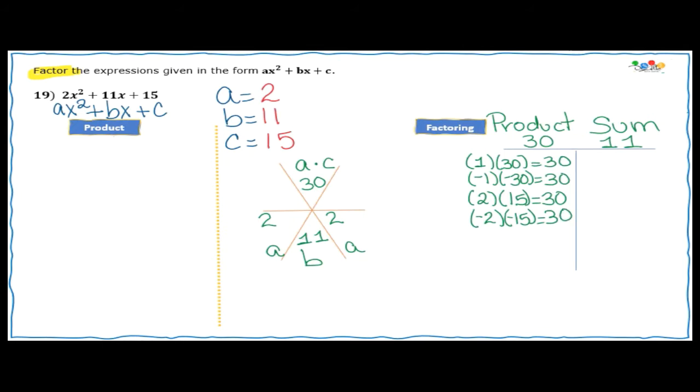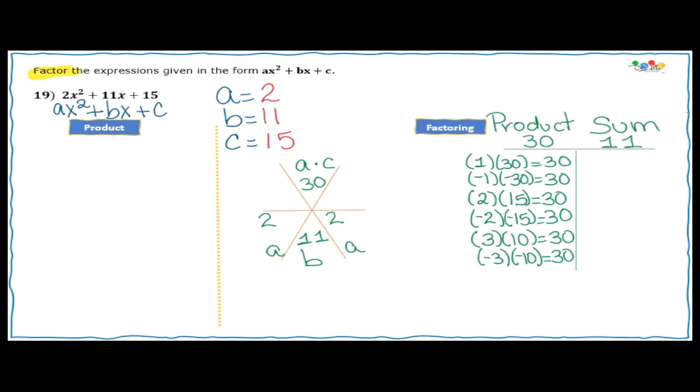And you can continue like that. I can go on to what? 3, right? Yes, 3 times 10 gives me 30. And also negative 3 times negative 10 gives me a positive 30. And I know what you're thinking. Man, why don't you just stop? Well, I would like for you to give me all the factors, because sometimes you might not find the 11 right away, right?